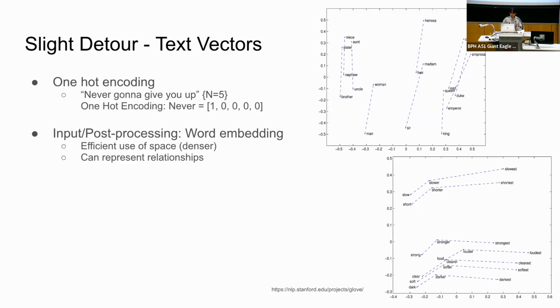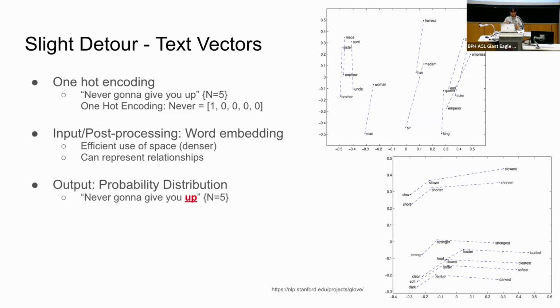So the words woman and man, and let's say uncle and aunt, have a similar relative difference from man to woman. So they also hold meaning. But if we were doing one-hot encoding, it would mostly not be meaningful. That's something the network would have to figure out, while also being high dimensional.